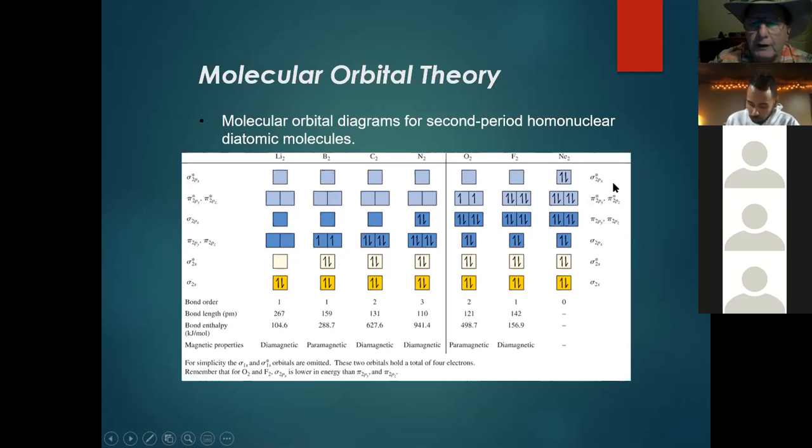Up to nitrogen, it switches. It switches when we get beyond oxygen, where we fill the sigma first, then the pi's, then the pi antibonding and the sigma antibonding. Okay. Just know that it switches. And I'm sorry that I didn't do that in a good fashion. But there is a definite reason why they do that. Okay.